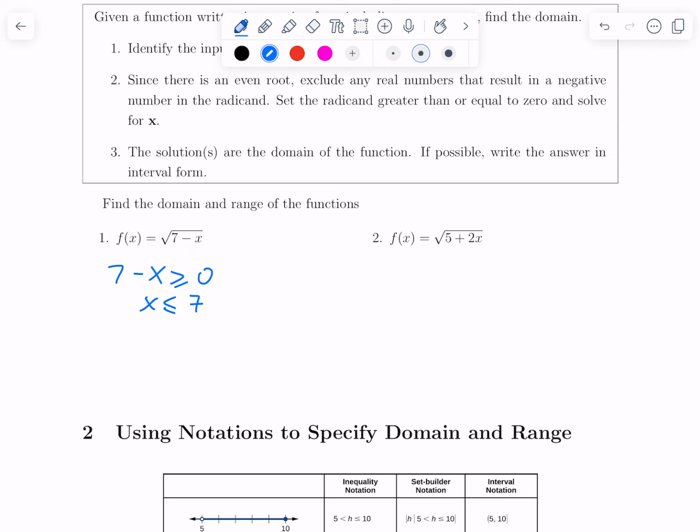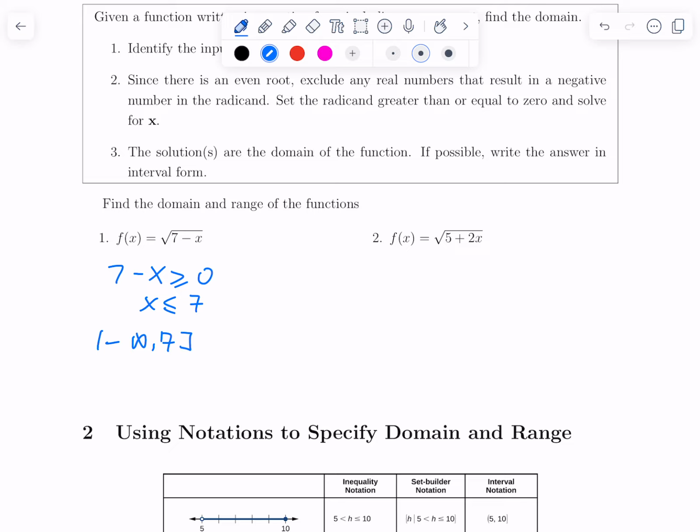So this is the inequality form, and we're going to think about what the interval form is. So we're going to start with negative infinity to 7, but this 7 point is included, so we're going to have a bracket instead of a parenthesis.